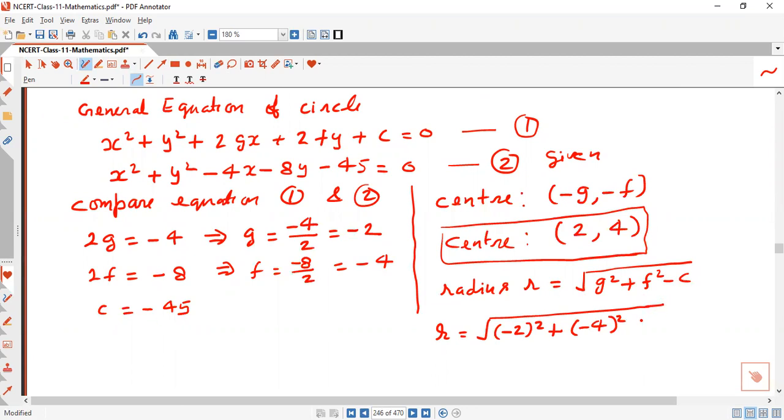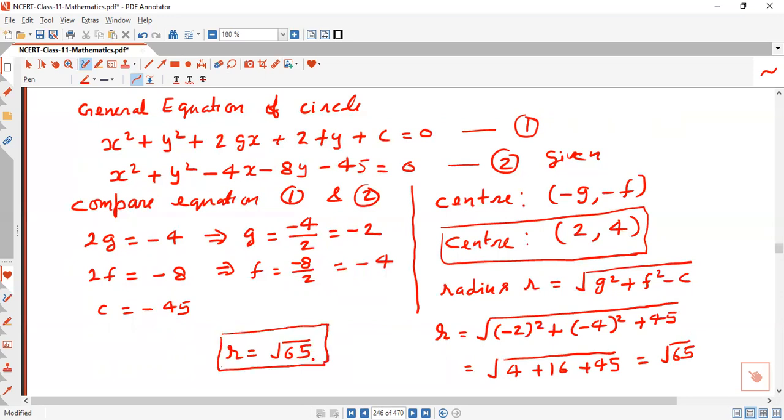You see the minus becomes plus 45. So 2 square is 4, 4 square is 16, and this is 45. If you add all the numbers, 65, so root 65 is the radius. This is the other answer we are getting.